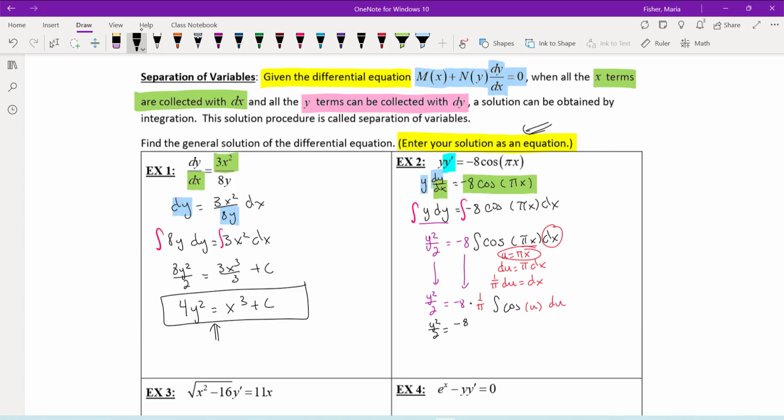We'd get negative 8 over pi and then sine of u plus c. Finally get out of u's and go back into x's, and we end up with y squared over 2 is equal to negative 8 over pi sine of pi x plus c.